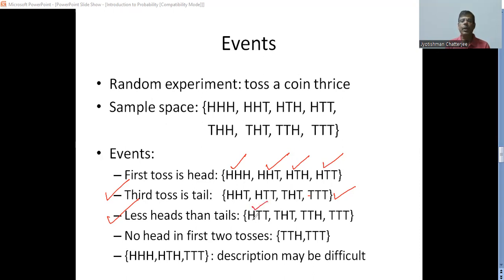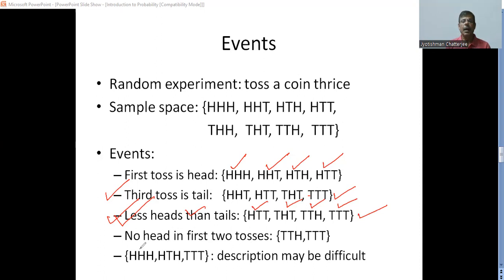HTT, here only 1 head and 2 tails. So this satisfies less heads than tails. Similarly, THT, here also 2 tails and 1 head. So is this one. And triple T, here of course there is no head and 3 tails. So this also satisfies this condition. So for this event, less heads than tails, our corresponding subset is this one.